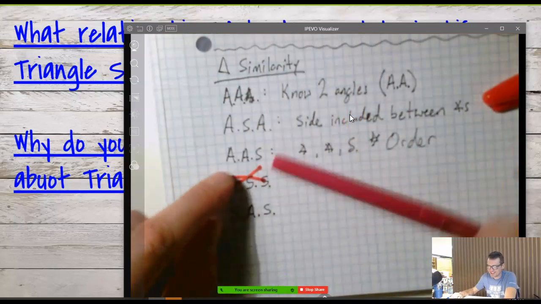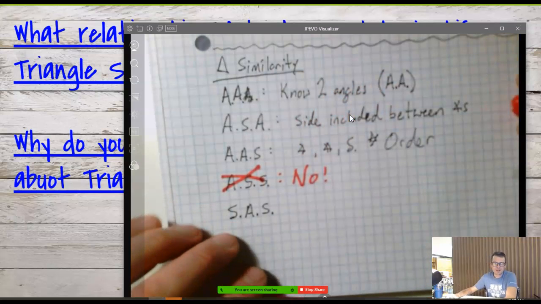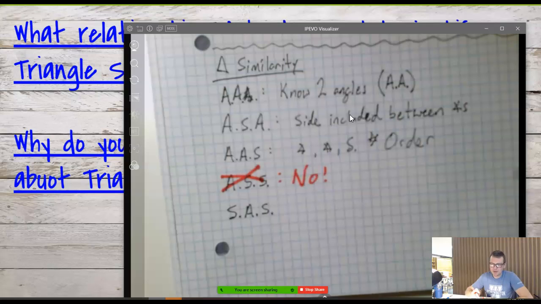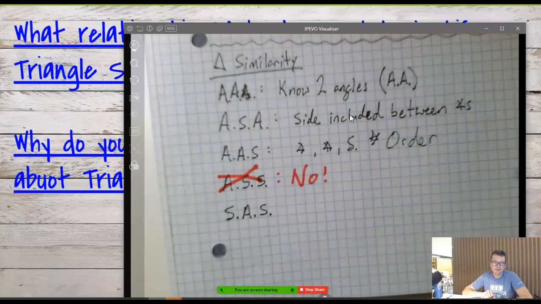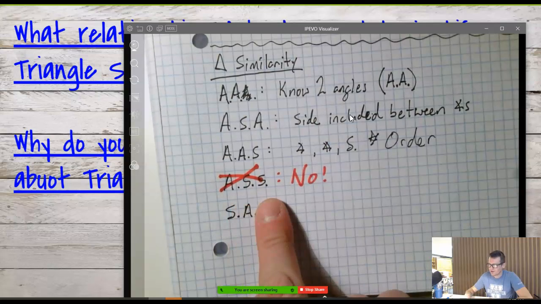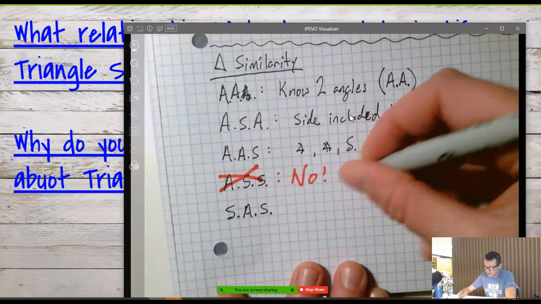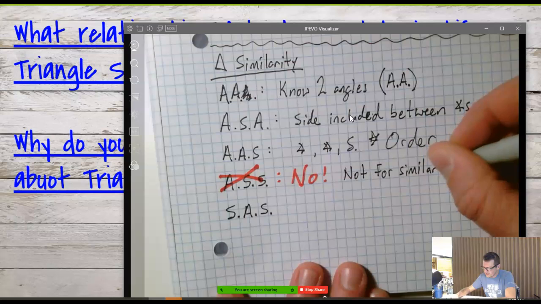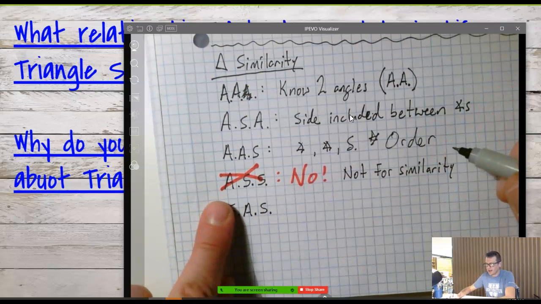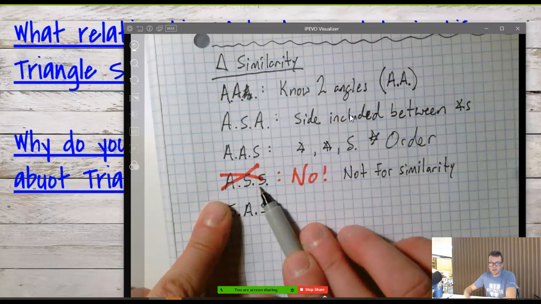This doesn't work. No joke. Not only is it a bad word, I've got periods. It's obviously abbreviating for something else. Not only is it a bad word, but this just does not work. It does not show similarity because we only have one angle and it's not between the sides that we know.